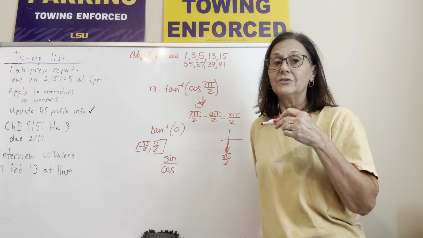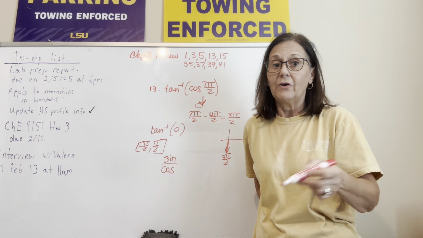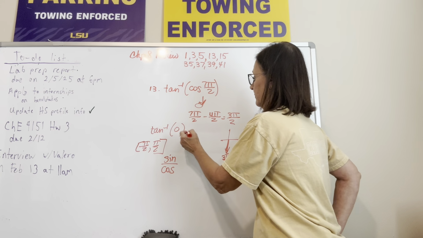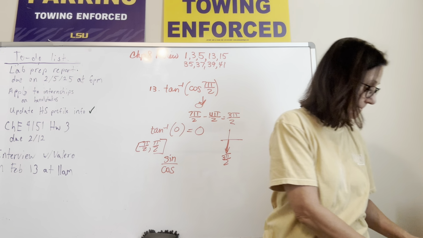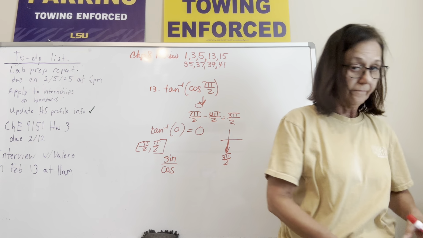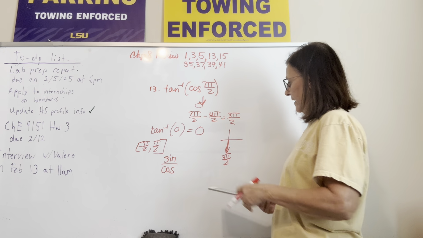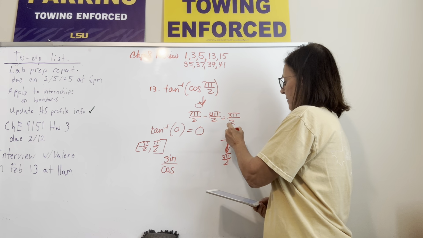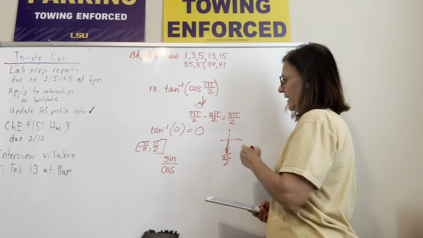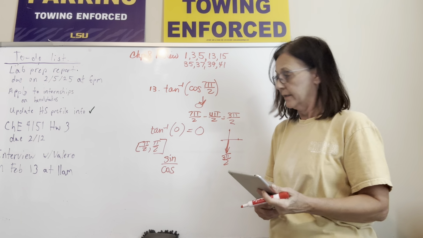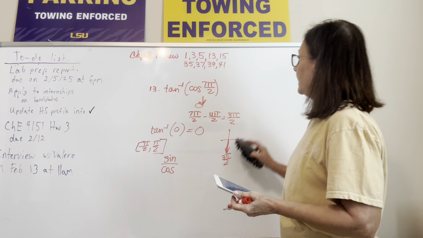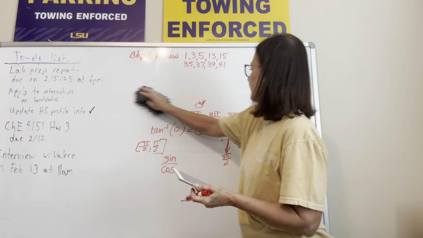Well, the sine starts at 0, so it has to be 0 for 13. All right, because the sine starts at 0, goes up to 1, 0, down to negative 1. All right, that's 13. 15.